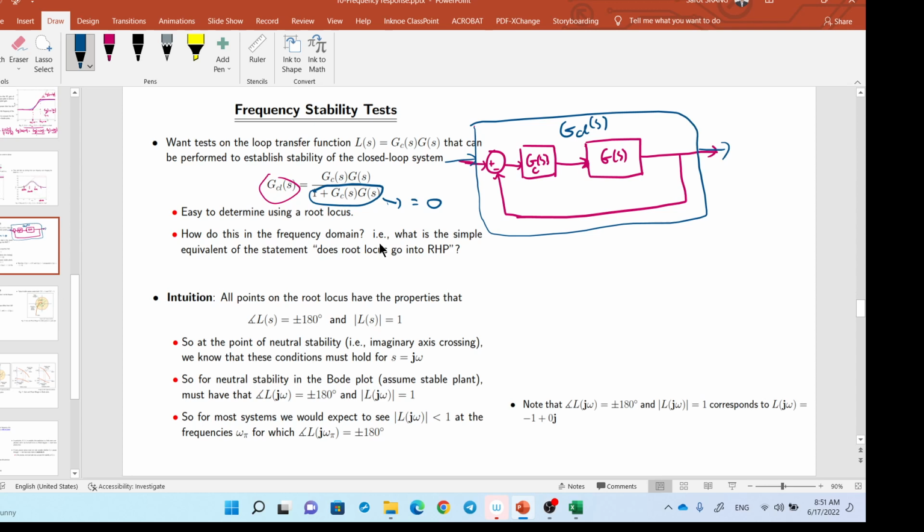So intuitively, all points on the root locus have the property that the phase must be plus or minus 180 degrees. Because we can write the characteristic equation as GC of S times G of S equal to -1. So -1 here means 1 times e to the plus or minus j pi.